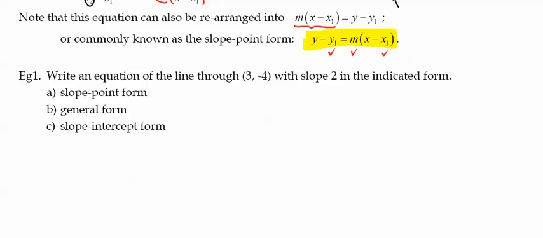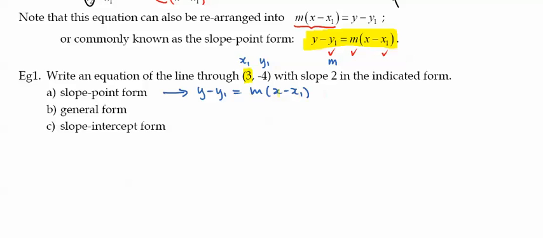So here in example number 1, if I have a line with slope equals 2, and this line is to pass through 3 and negative 4, I will then be able to come up with the slope point form using y minus y1 equals m times x minus x1. The point they give, we can use these two numbers for x1, y1, and here we have slope equals 2.